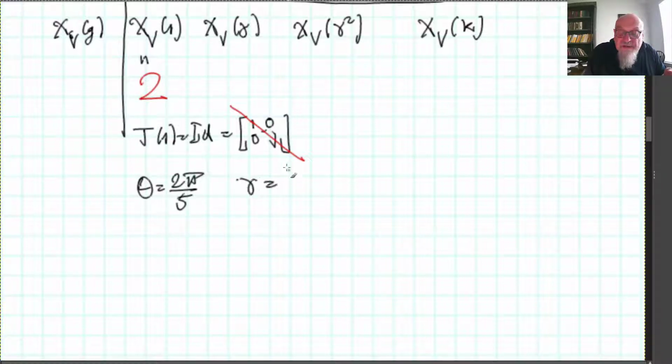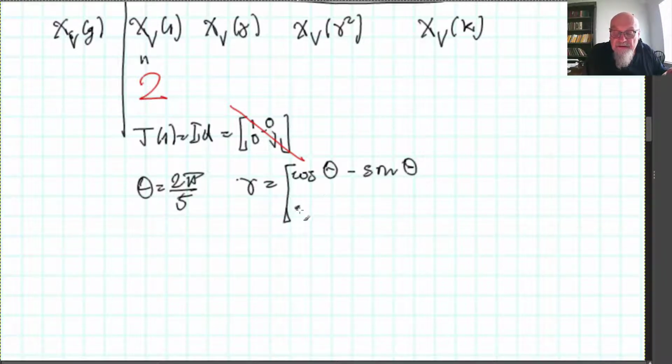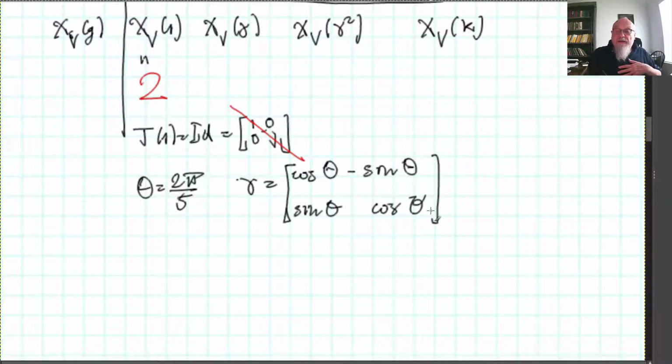So the rotation gamma is nothing else than this: cosine theta, minus sine theta, sine theta, and cosine theta.